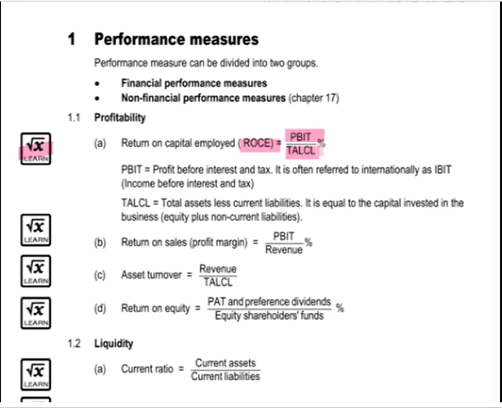Now, TALCL is simply a way of calculating the total amount that we have invested in our business. That could also be calculated as the total equity plus any long-term borrowings we have, so any non-current liabilities.